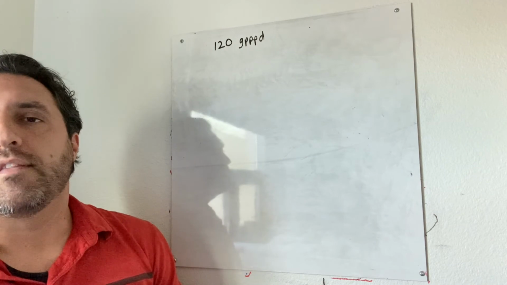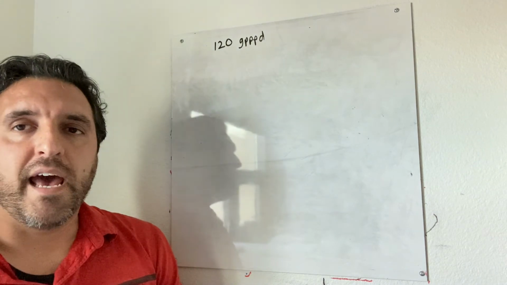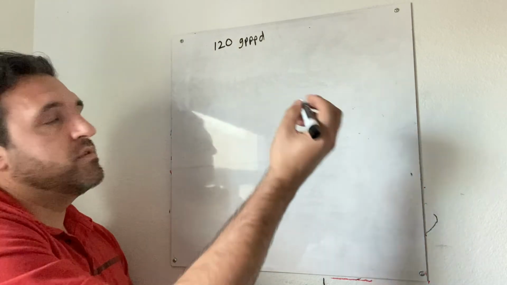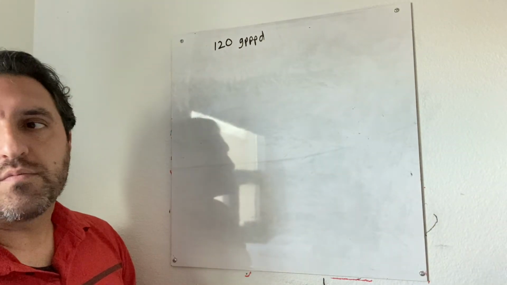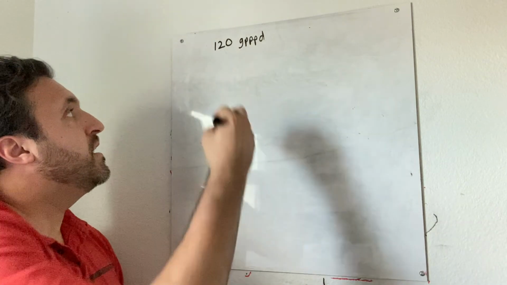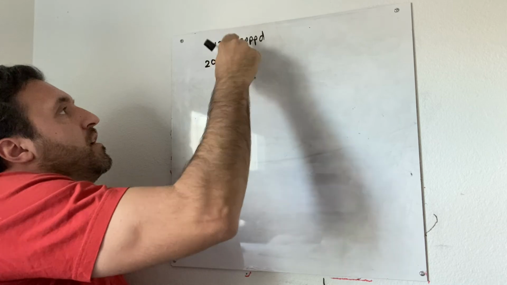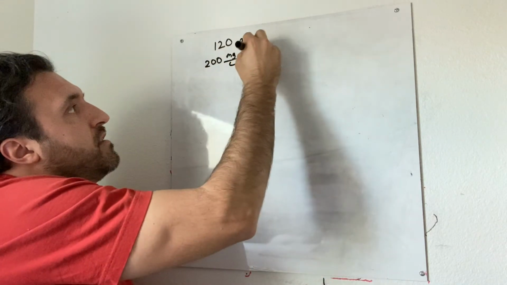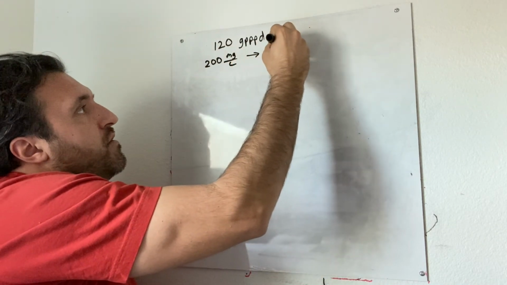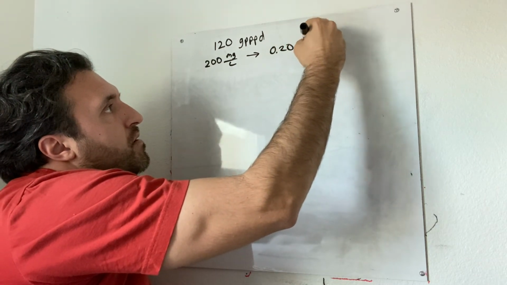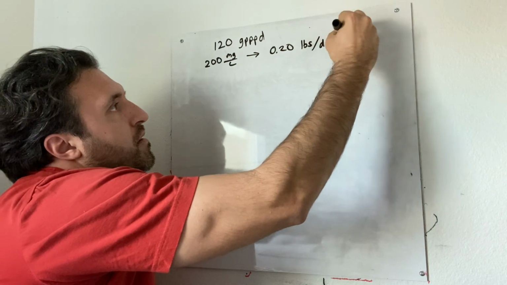If you need a refresher on that, you can take a look back at examples 3.1 and 3.2 of this module. So from those examples, we calculated that the BOD loading, based on a concentration of 200 milligrams per liter, and this per capita flow rate, is about 0.20 pounds per day per person.